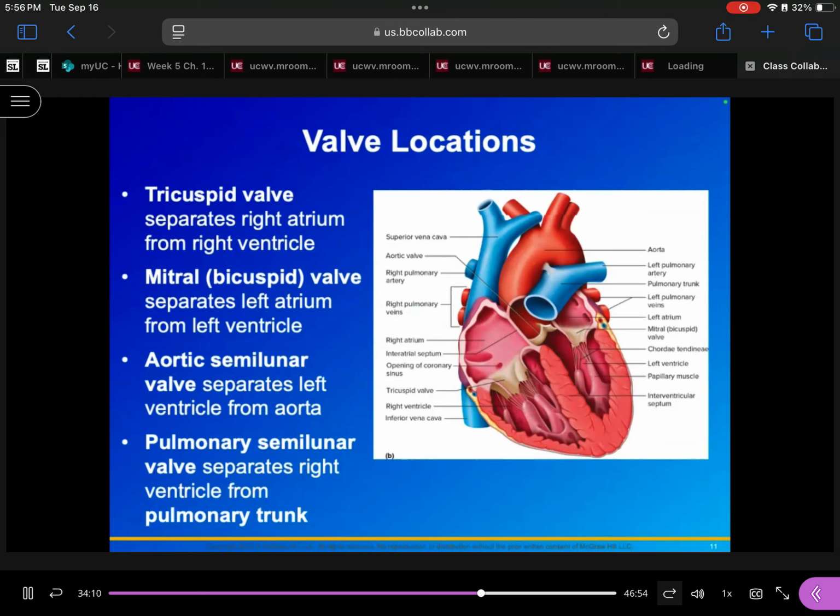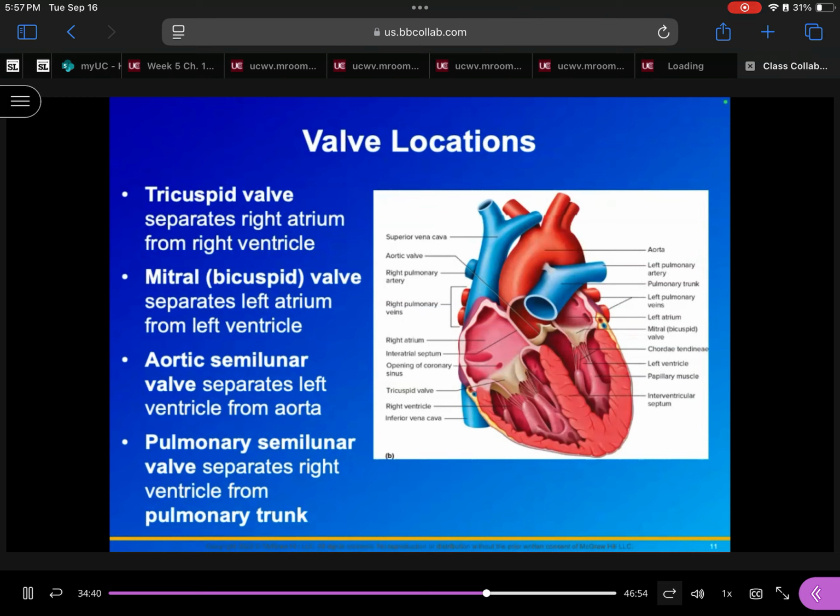Whenever the ventricles contract, we have to make sure that these cusps don't flop back in there. So these papillary muscles contract to pull that valve down. So we see that on both of these sides. Whereas when we're pumping up from the ventricle, that's going to push this semilunar valve open. And the cool thing about it is once the pressure starts to fall, it causes it to close on top of each other.